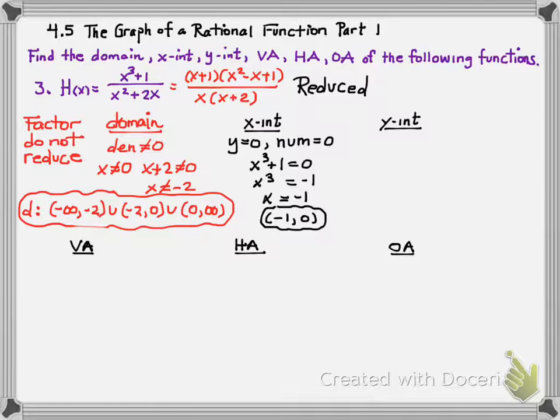For the y-intercept, it's kind of the opposite technique. We're going to let x equal 0, and again you can just use the original, since it is reduced and in simplest form, even though we factored it and couldn't slash anything out. So y equals 0 cubed plus 1 over 0 squared plus 2 times 0.